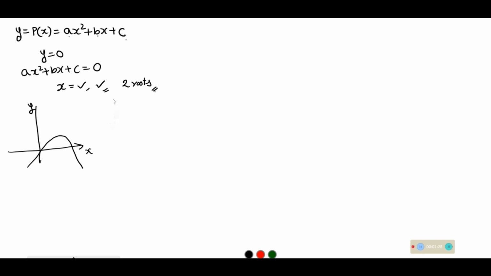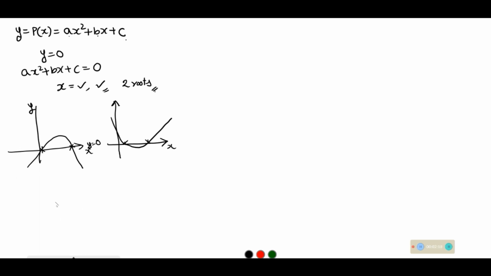Another way, with the x-axis and y-axis, it can be like this. So this quadratic has 2 touch points at the x-axis, where y is equal to 0. So these two points are the 2 roots. This kind of quadratic equation has 2 touch points, so this also has 2 roots.